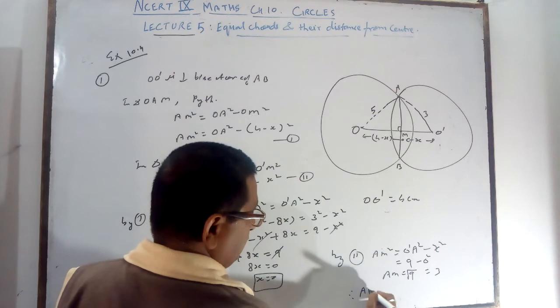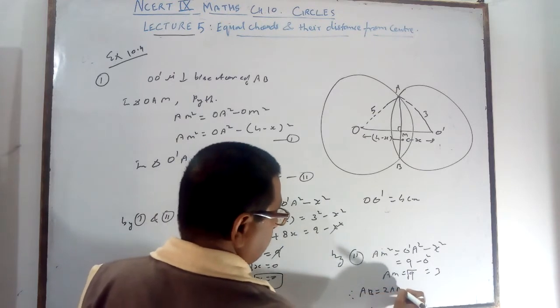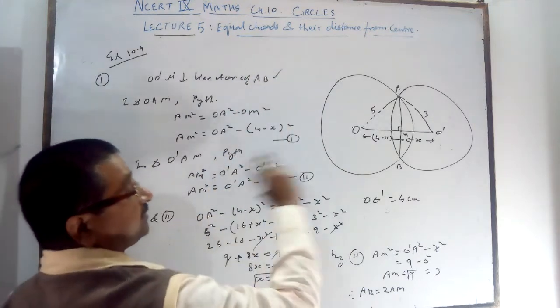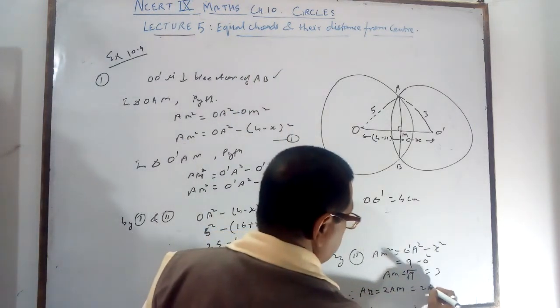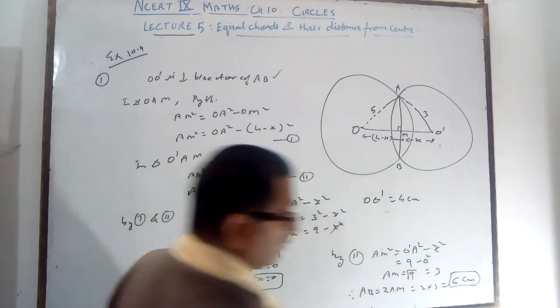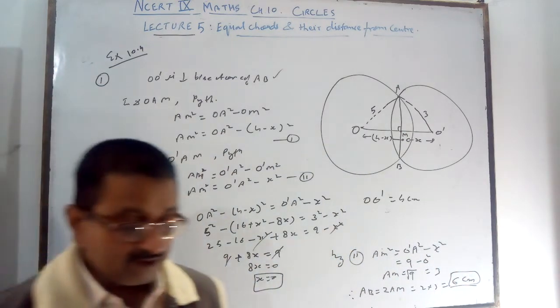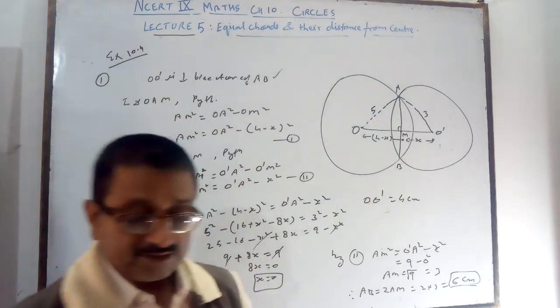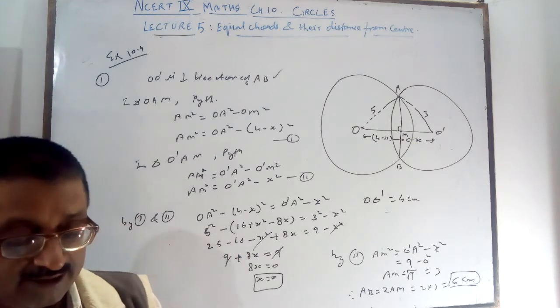So AB is equal to 2AM, because OO dash is the perpendicular bisector of AB, as I have told you. 2 into 3 is 6 centimeters, the length of the common chord. It means it is the diameter of the smaller circle.